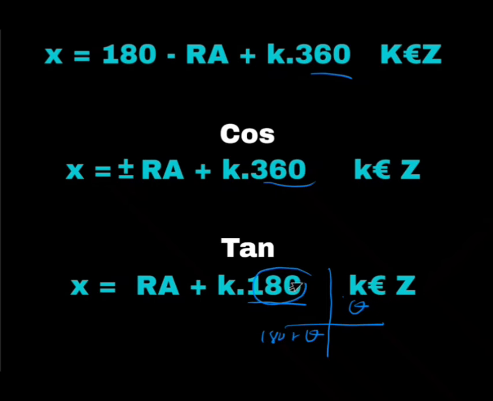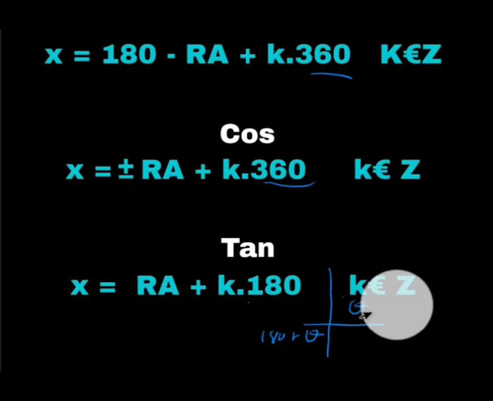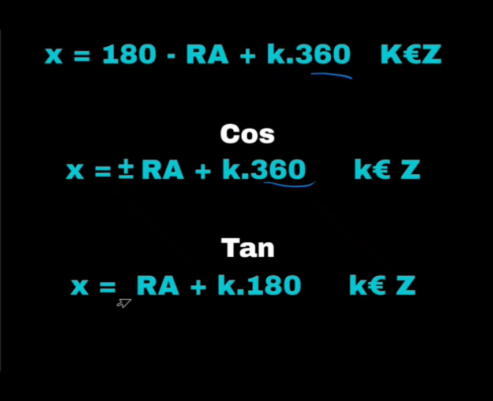Because it has a short period, it gives you the same answer as the other equation. So there is no need to write the other equation, even though it's correct. You're just wasting your time. Writing the other equation is like writing the same equation again, because it gives you the same answers when you substitute in place of K. So every time you've got tan, it's very simple. All you have to do is write reference angle plus K180 and you're done.